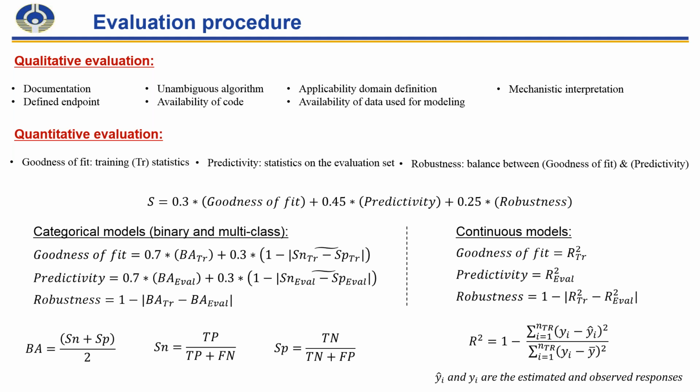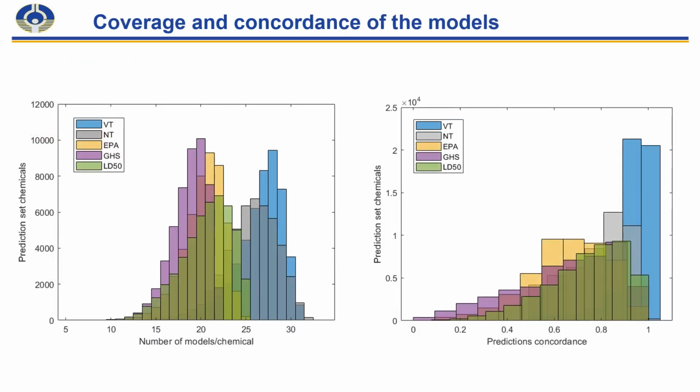And we looked for robustness of the model, so the balance between the performance on the training set and the evaluation set to ensure that models weren't overfit to the training set. And you can see here some of the metrics on how we actually evaluated those categorical and those continuous models. So here's kind of a snapshot of the coverage and the concordance of the models.